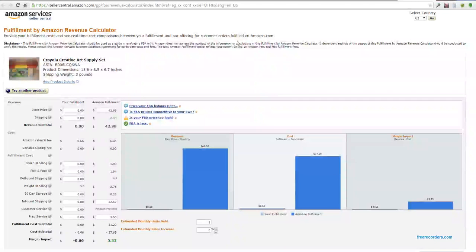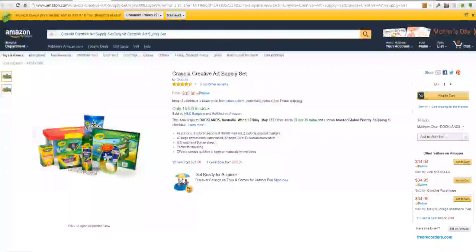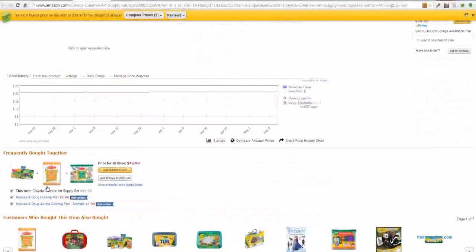Whenever you find an item on Amazon, like when you're comparing items on Amazon to Walmart or Kmart or whatever retailers you're looking at, just look at the frequently bought together. That tells us what customers are purchasing together.